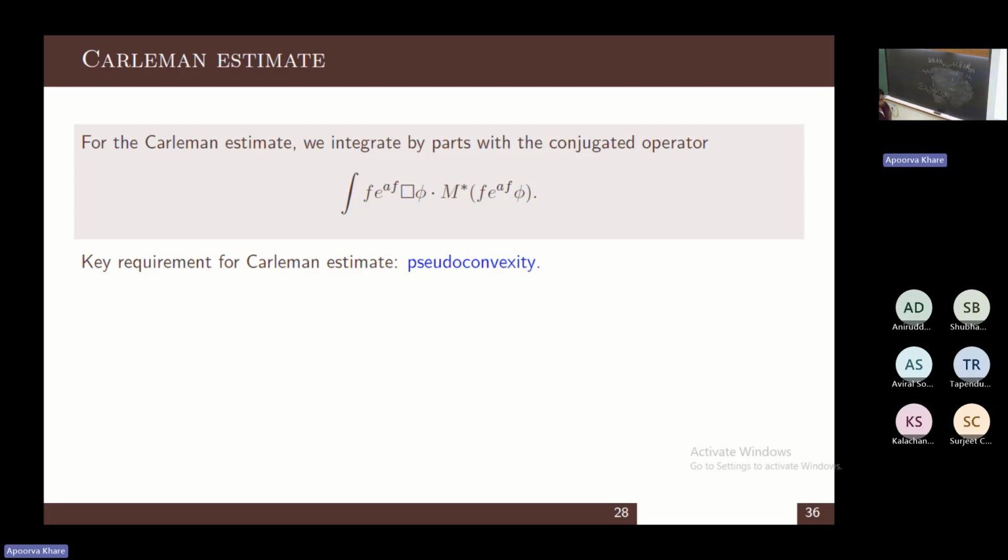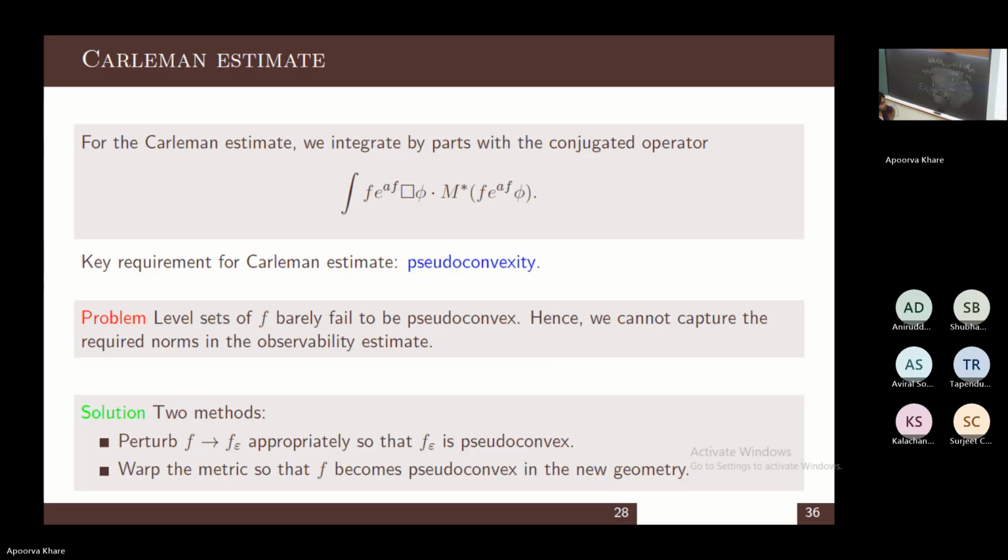And one of the key requirements to get the Carleman estimate is this notion of pseudo convexity, and you can basically think that it is a kind of positivity condition, because when you want to prove estimates, you want to get good signs for all the terms, right? So for this process, there is one term which we don't know if it has a good sign or not, and pseudo convexity ensures that it has a good sign. Okay, and then you can arrive at observability.